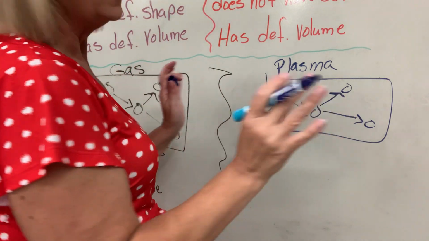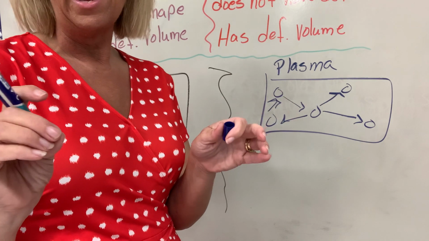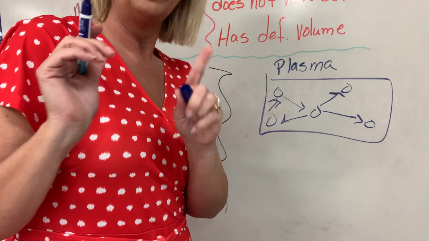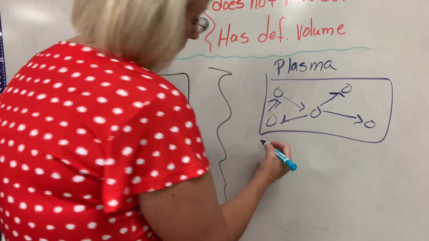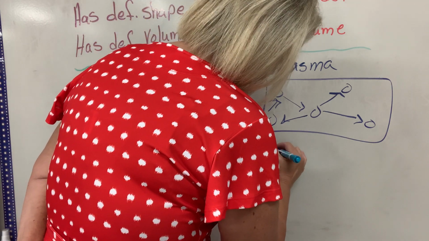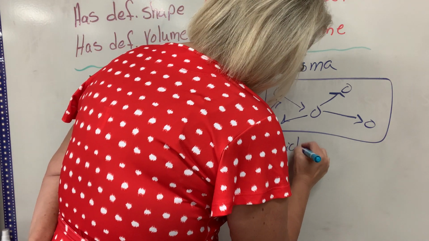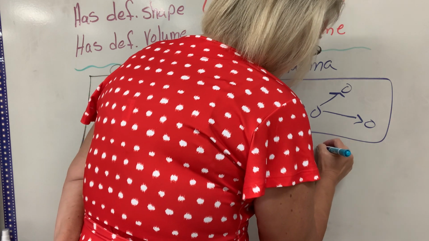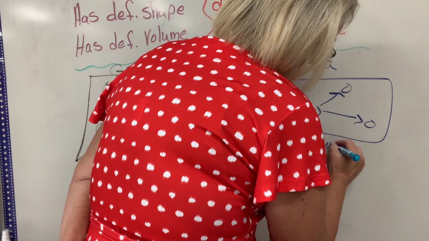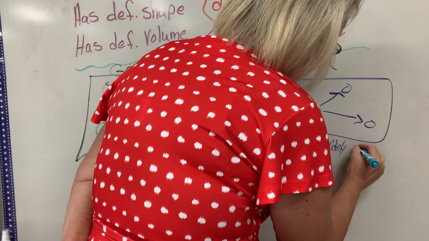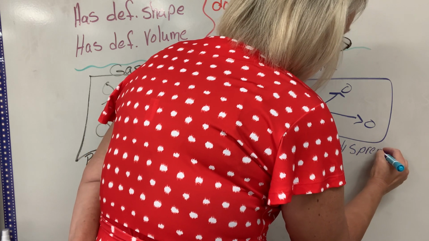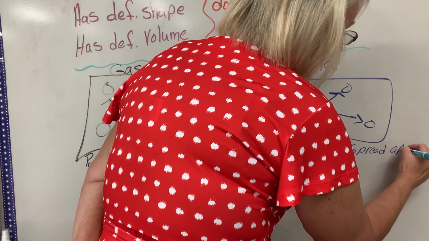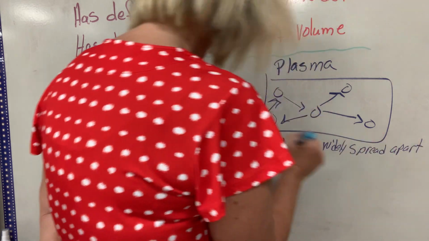Now, I said that it was exactly like gas with the exception of one quality. So, we know that our particles are spread apart, and we said widely spread apart. Sorry, my handwriting is getting worse as we go along.